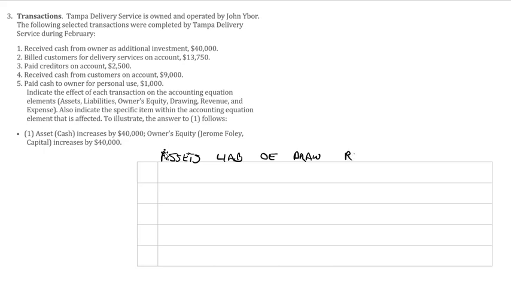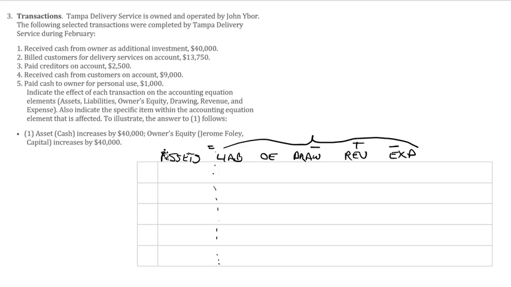Oops, we had a lot more room, huh? Revenue and expense. So now we know that this asset side has to equal everything over here. And the expenses are going to subtract from it, and the revenue will increase it. The drawing will also subtract.